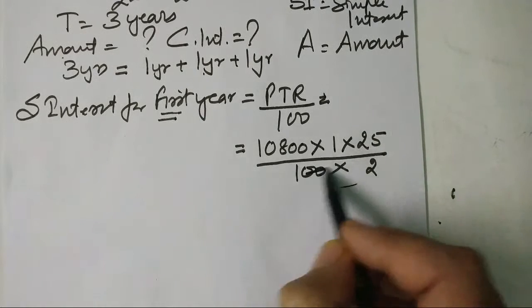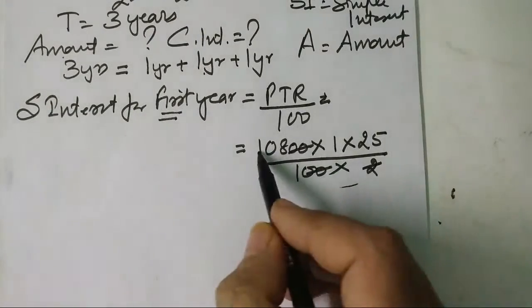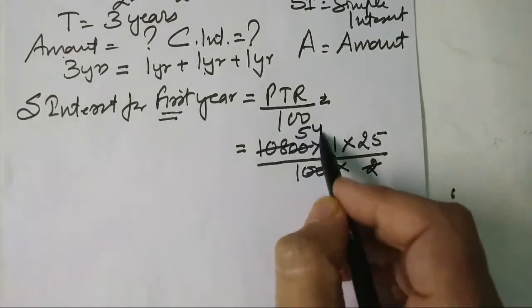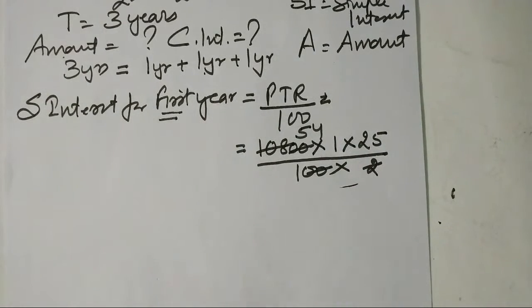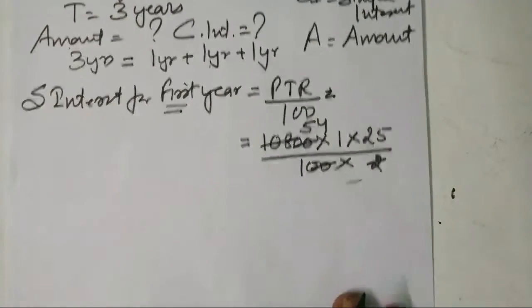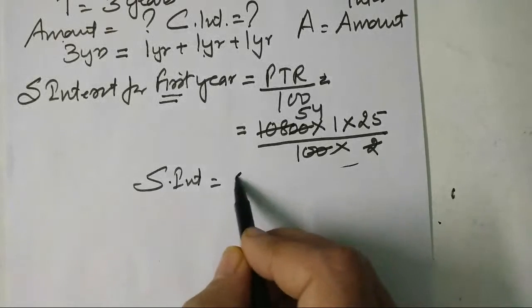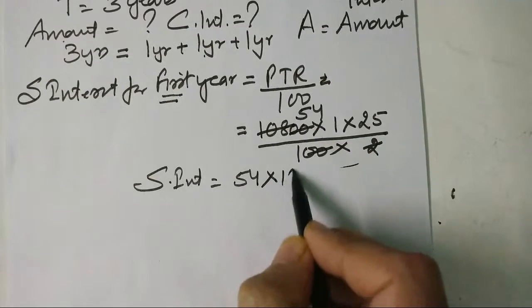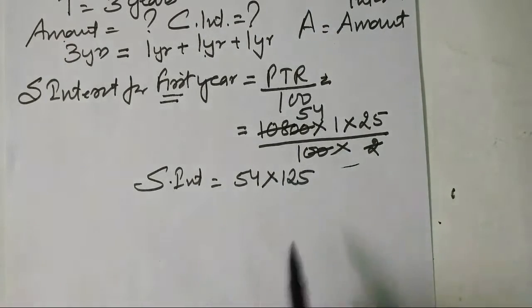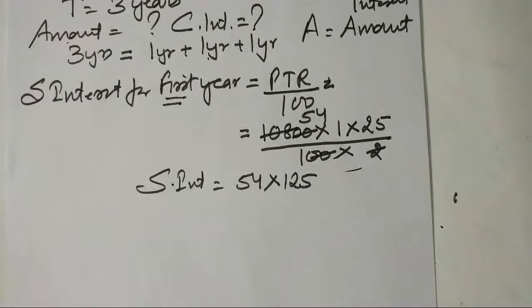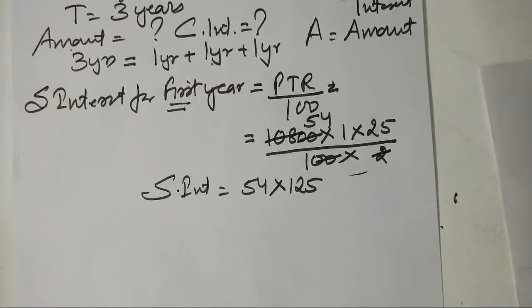And now I will simplify. So when I simplify, it becomes 54. So we will get the simple interest as 54 into 125. When you multiply, you will get the answer, which is the simple interest for 1 year.